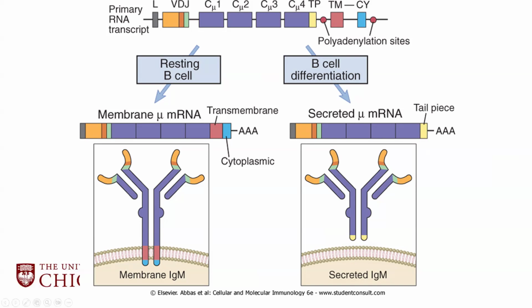But here we need to splice out this transmembrane portion, which will also splice out the cytoplasmic portion. It gets replaced by a tail piece that will liberate this and allow secretion. So that's the main alteration that needs to happen to go into a plasma cell. These membrane-bound IgMs have to go and allow the secreted form to happen.